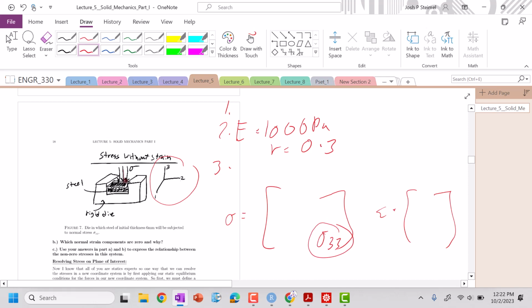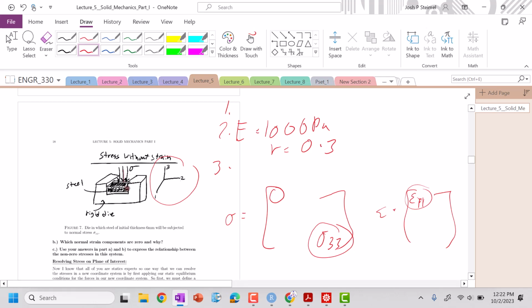The material is not constrained in this one direction. So when I push down, the material is going to expand in the 1-1 direction. We don't know what that value is either. But there will be no stress pushing back because there's no force exerted in that direction. So there's no stress in the 1-1.